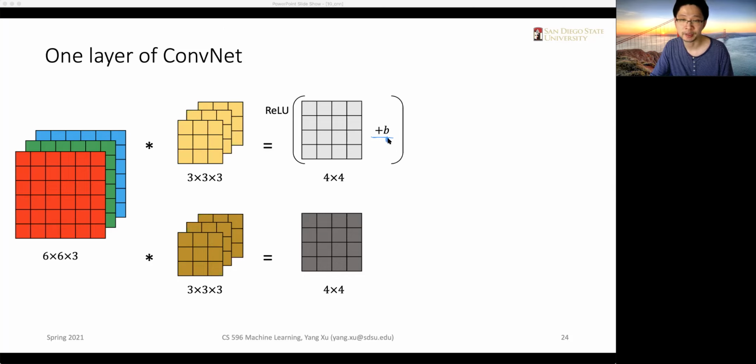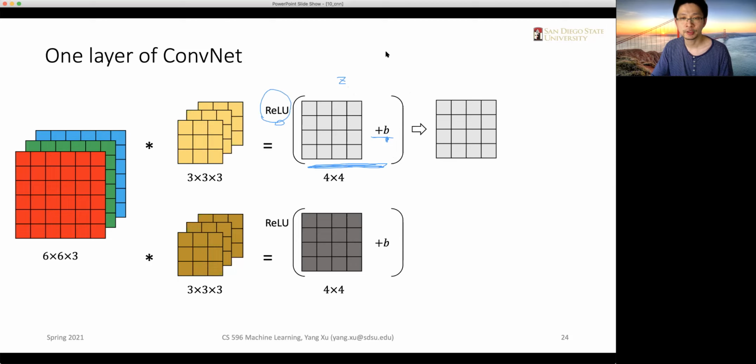This big chunk of computation results within these parentheses is similar to the Z of a regular neural network. And then we're going to apply some nonlinear activation. In this case, for example, we apply ReLU to all the elements of this computation. Then it will give us the activations, right?